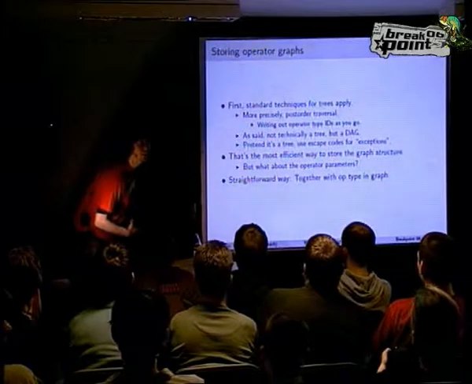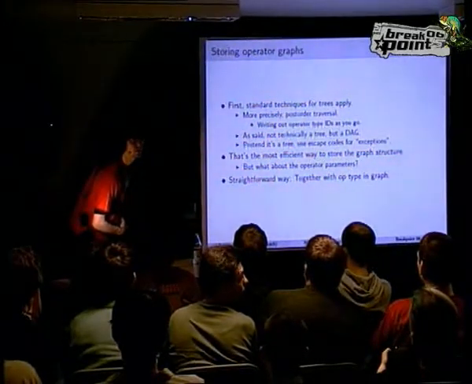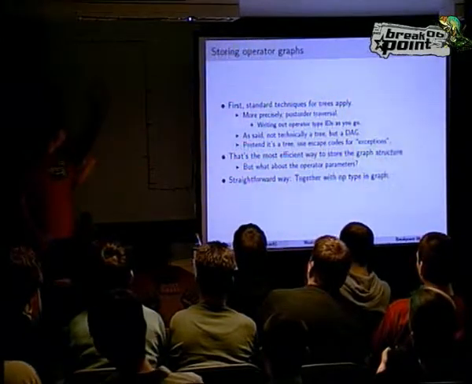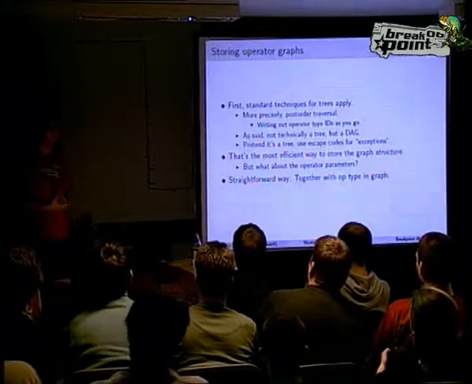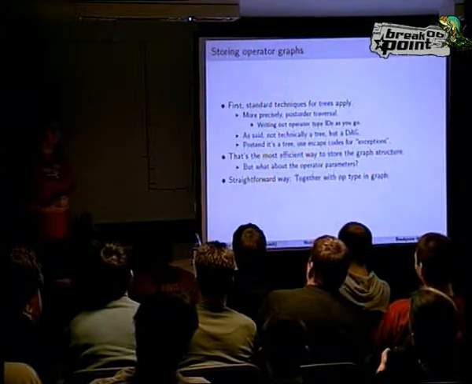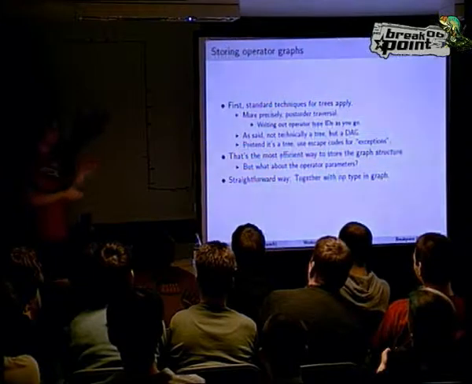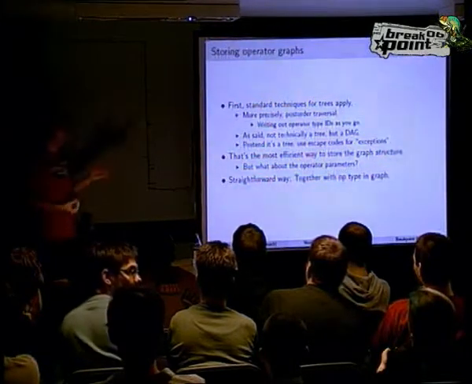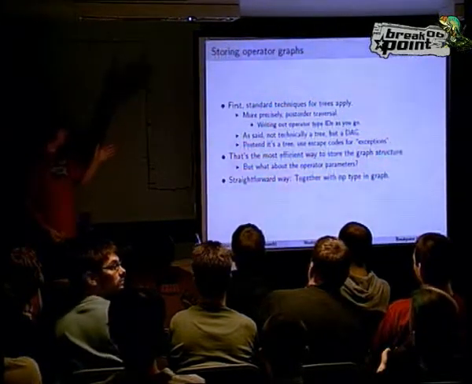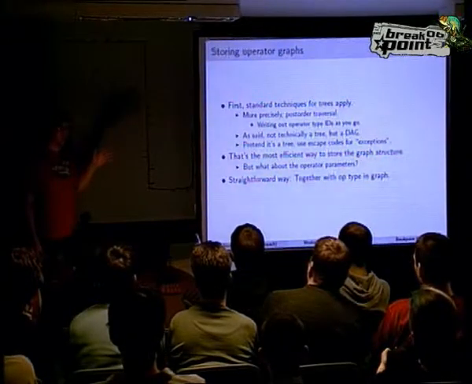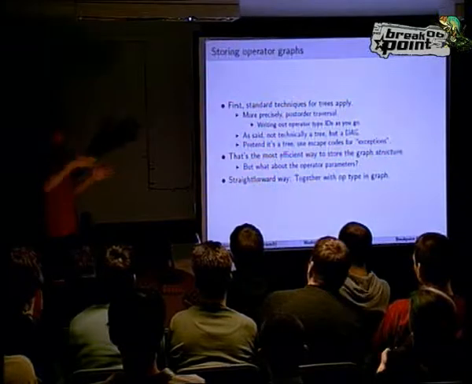I don't understand the question. How do you know this way is most efficient? Because it's very implicit. This kind of stuff you need to code. You code a minimal amount of information. It's the minimal amount of information you need to code. You need those operator type IDs anyway, and any other way to code it needs some additional information as well.